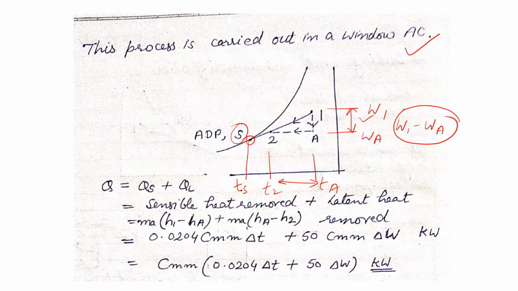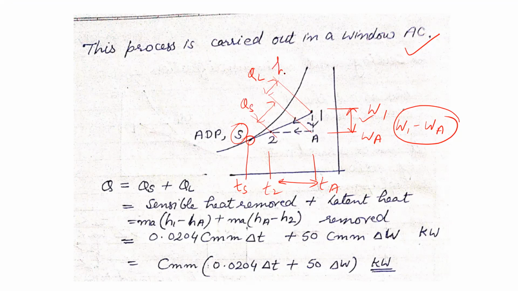Now you can see in this particular case we are removing both the heats. The first is the latent heat, which can be shown like this, and this is the sensible heat part from here to here. This is the sensible heat removed, and this is the latent heat removed. So this value is QL, and this value is QS.